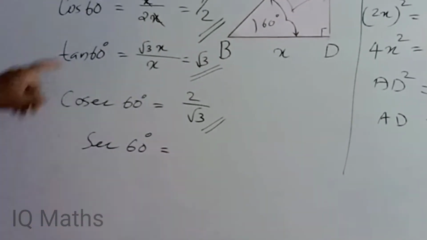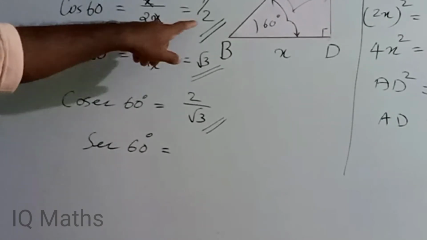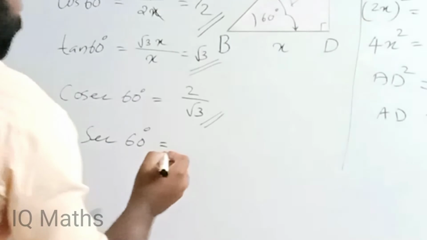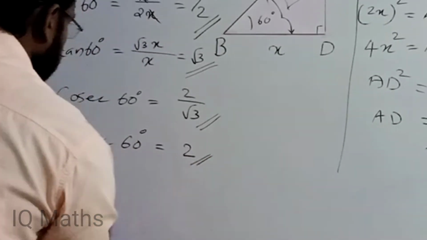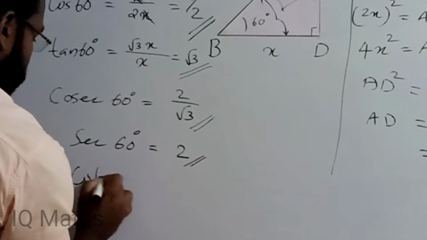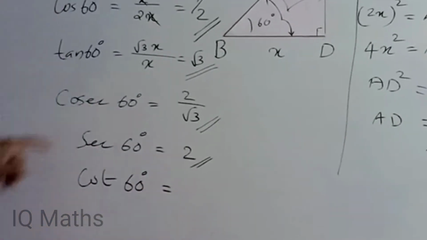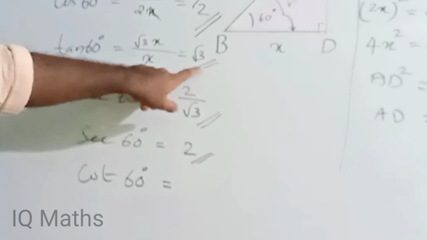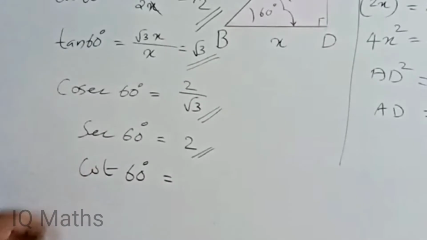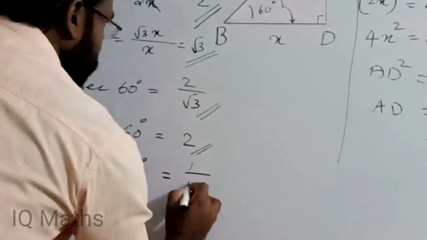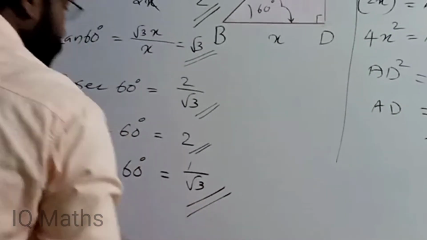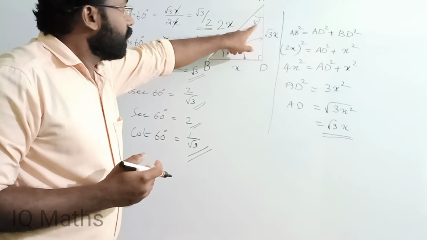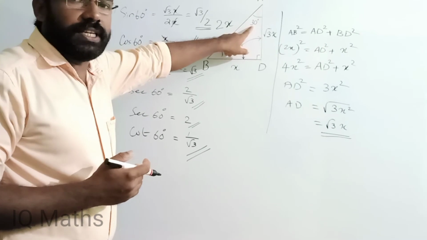Sec 60 will be 1 by cos 60, reciprocal of 1 by 2, that will be 2. Next is cot 60. Cot 60, reciprocal of tan 60. Tan 60 is root 3, then cot 60 is equal to 1 by root 3. Now we will take the ratios of 30 degree.